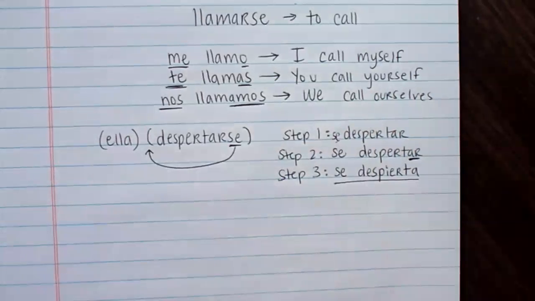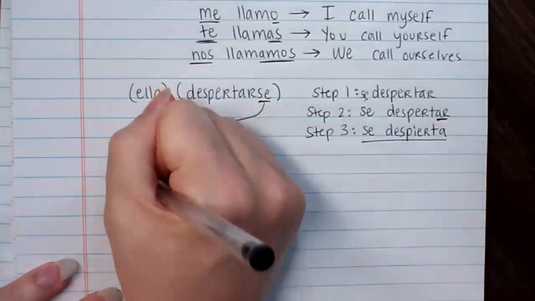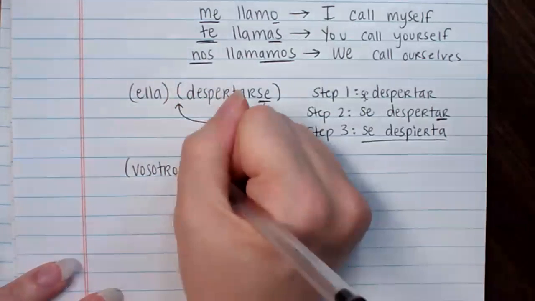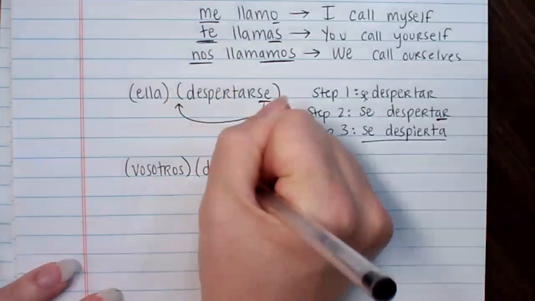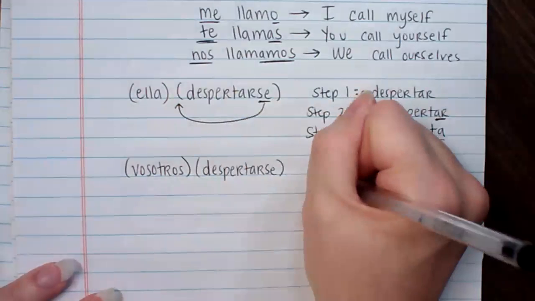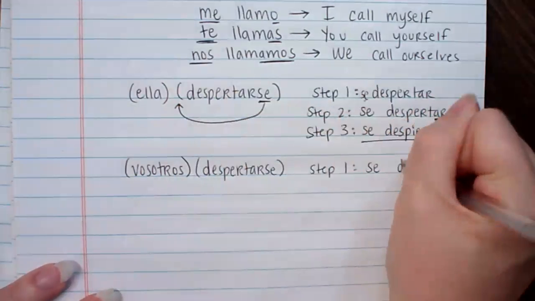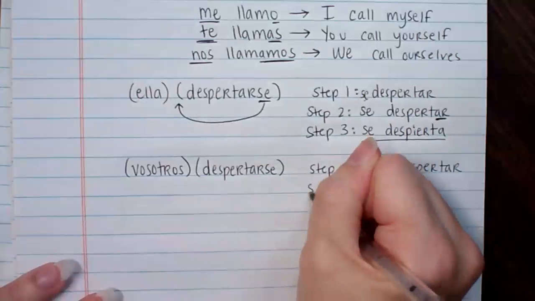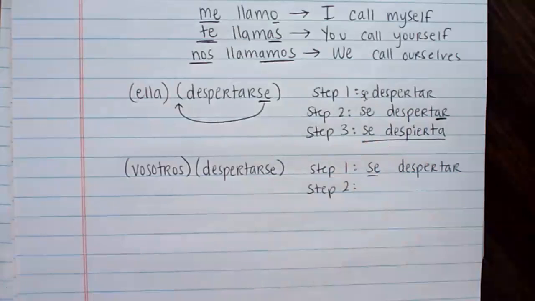Now, if we wanted to do a separate example, let's imagine I wanted to say vosotros, so you all in Spain. We can stick with this example, despertarse. So step 1, we'd move the se to the front. Se despertar. Step 2, we have to change the se to fit our subject.